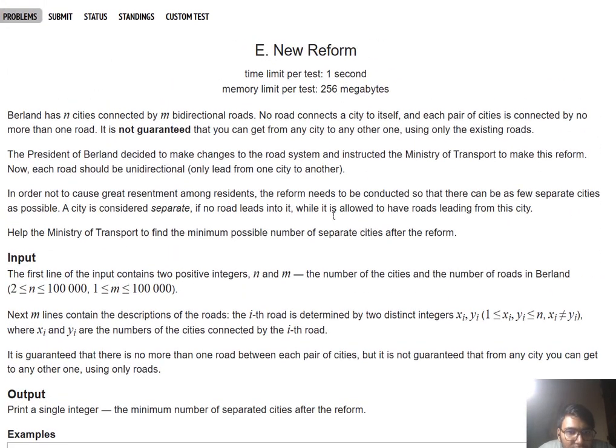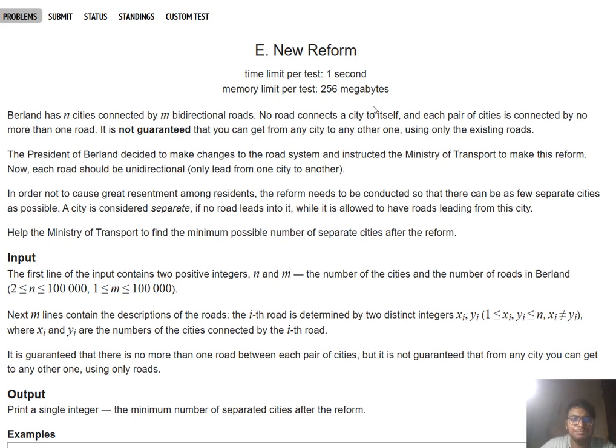The president of the country decided to change the road system so that each road is unidirectional. We need to convert each and every road, not only a few roads.